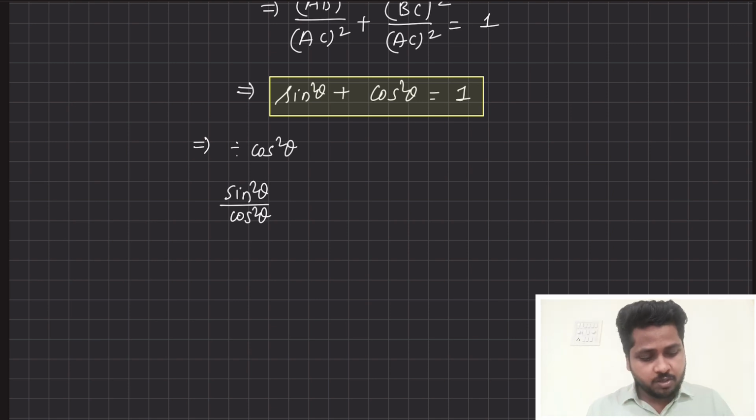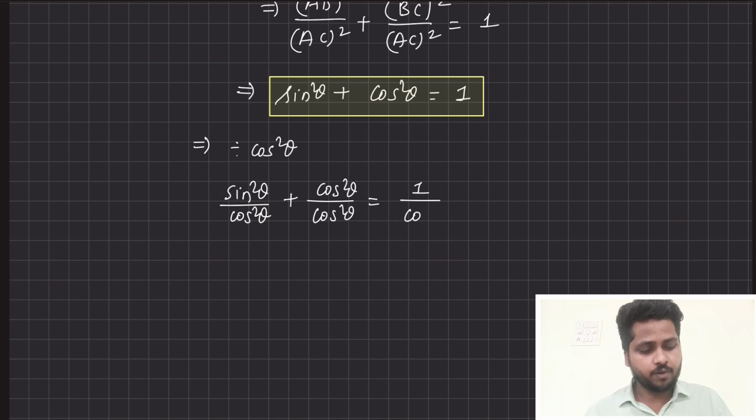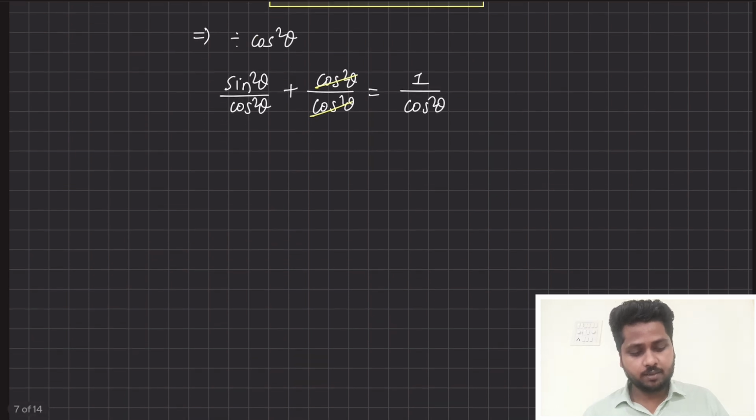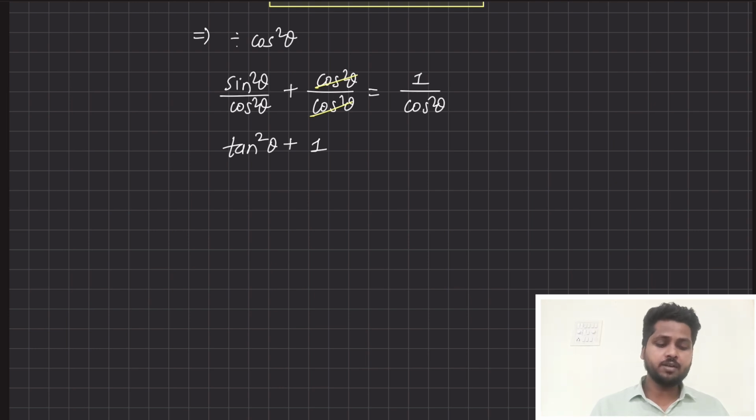It means throughout the equation we are dividing by cos square theta. Then I get sine square theta divided by cos square theta, and cos square theta upon cos square theta is equal to 1 upon cos square theta. Cos square theta and cos square theta will get cancelled, and sin theta upon cos theta is nothing but tan theta. So you can write tan square theta plus 1, because there is a square, therefore we write tan square theta.